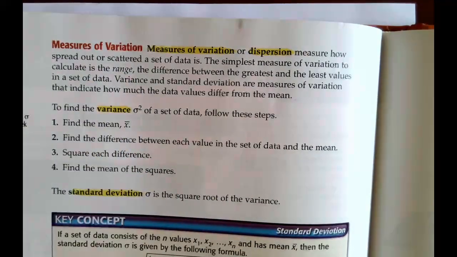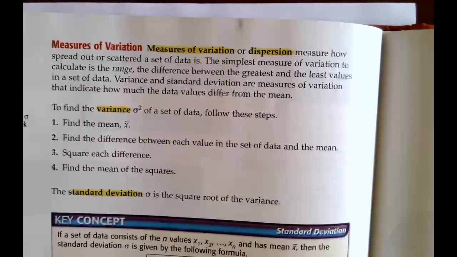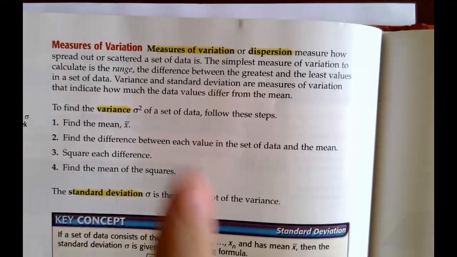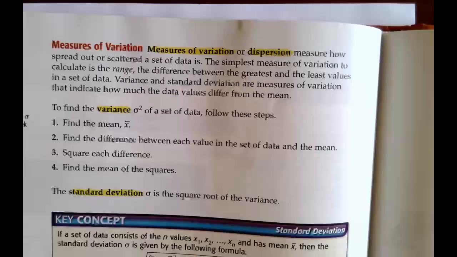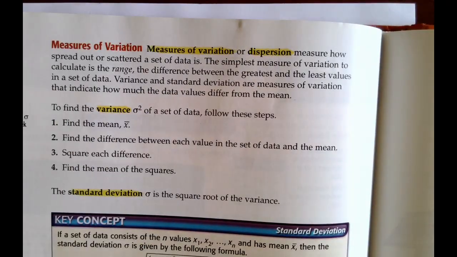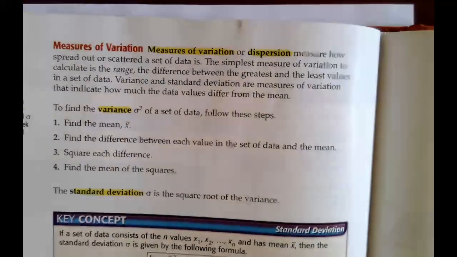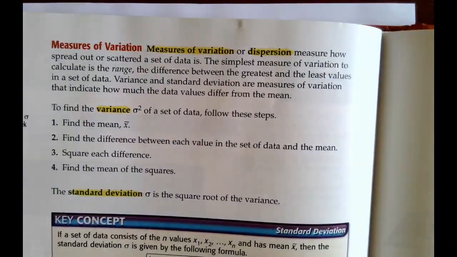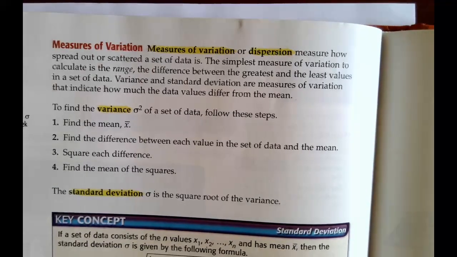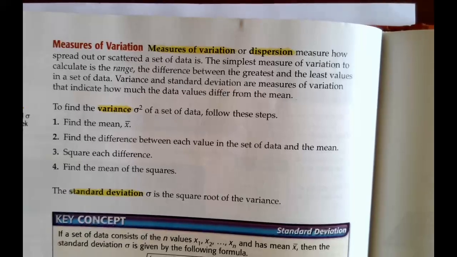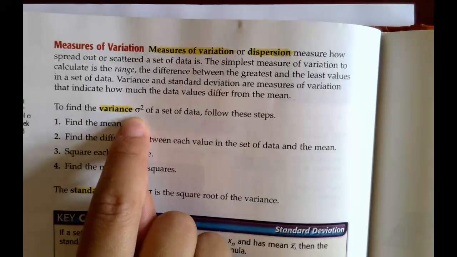And what range is just the greatest minus the least value to see how far apart they are, okay? Variance and standard deviation, those are new to us, are measures of variation that indicate how much the data values differ from the mean, right? So what it does is it measures how far each of the numbers is in comparison to our average. Okay? So to find the variance, it's represented by this.